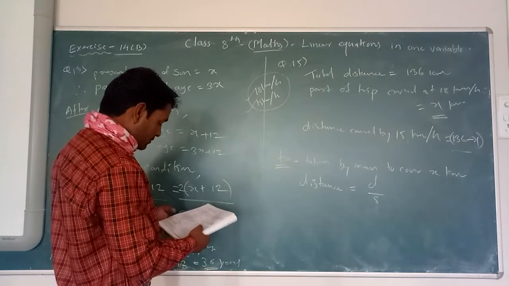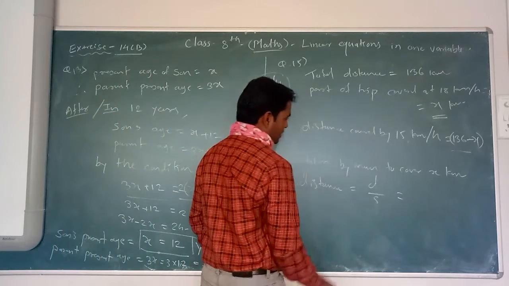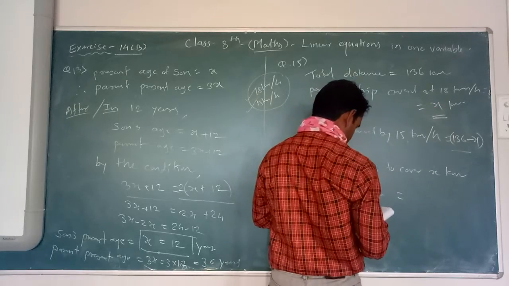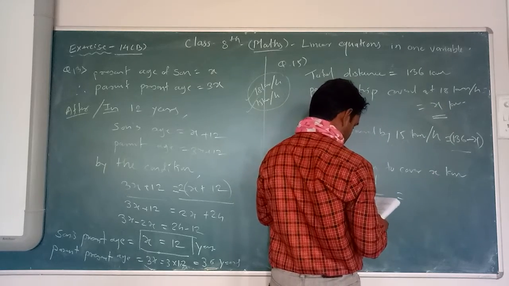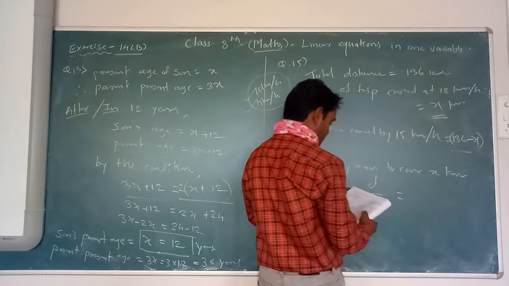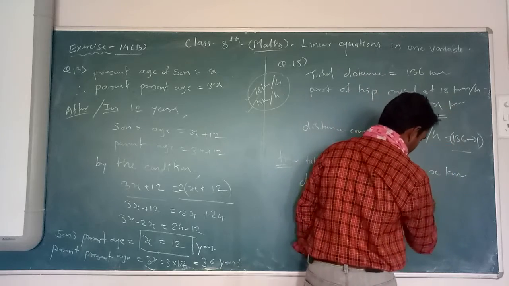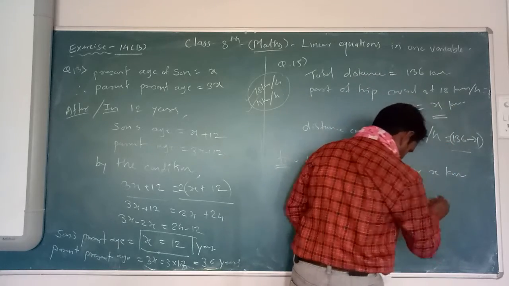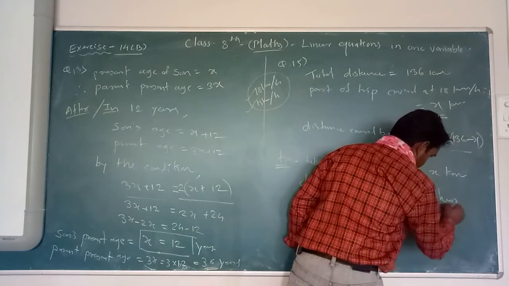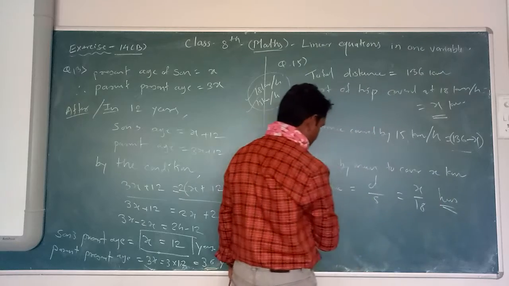So which will be the distance? The distance is x kilometer, and the speed is 18 kilometer per hour. So x upon 18 hours is the time taken by man to cover x kilometer distance.